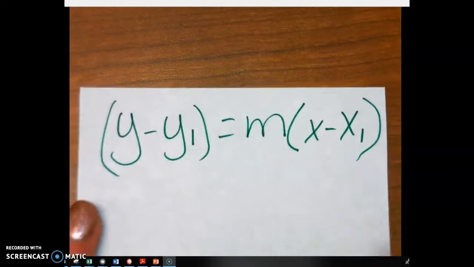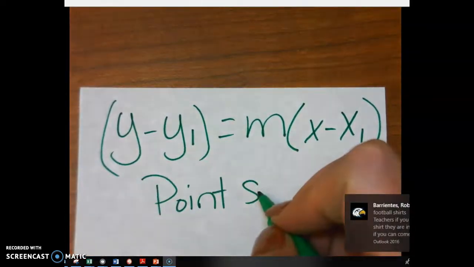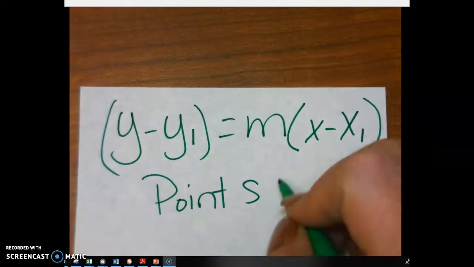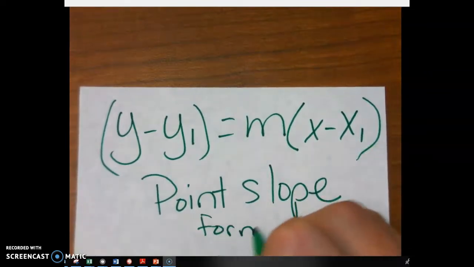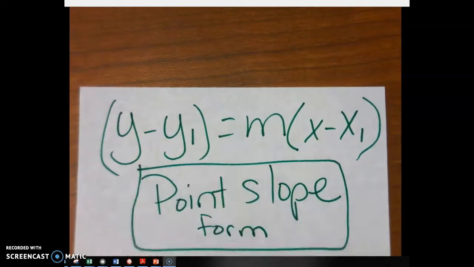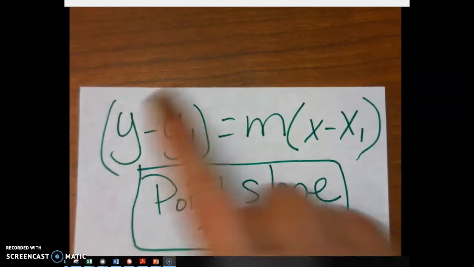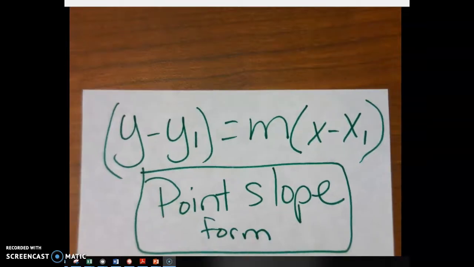Oopsies. This is point slope form, okay? Write this down, memorize it, love it. We'll write it real big on your paper in class again, just in case you didn't do this, okay?